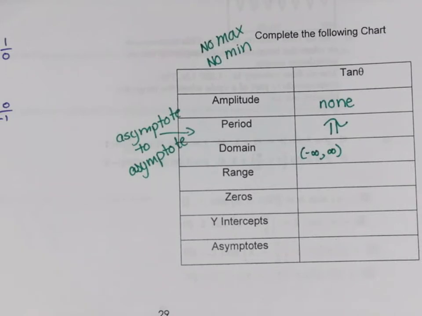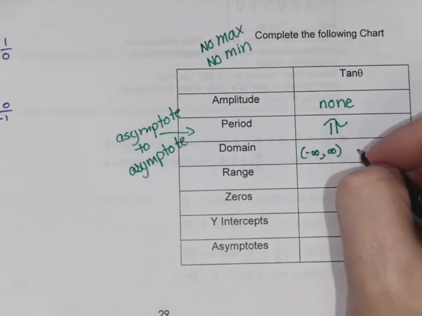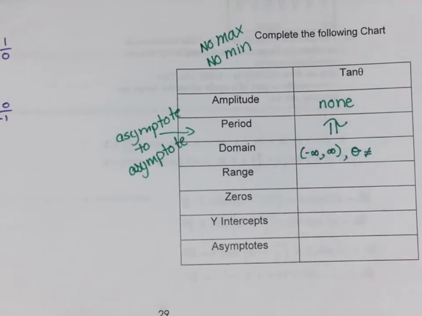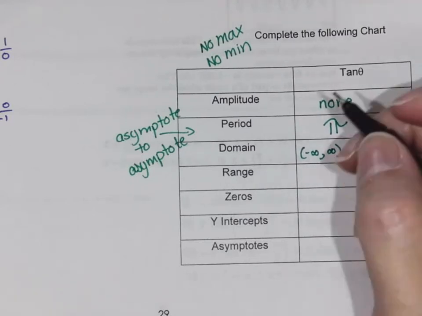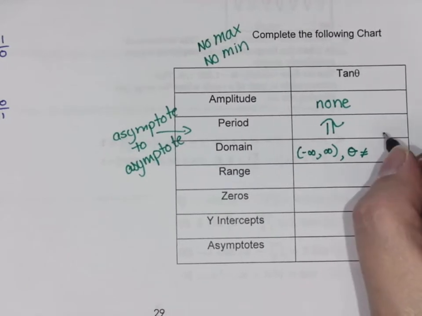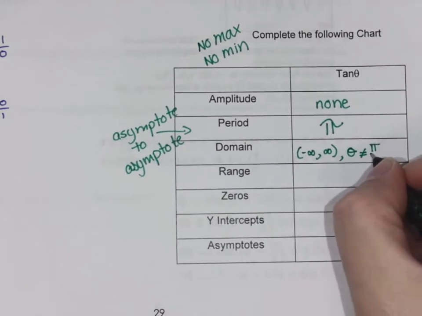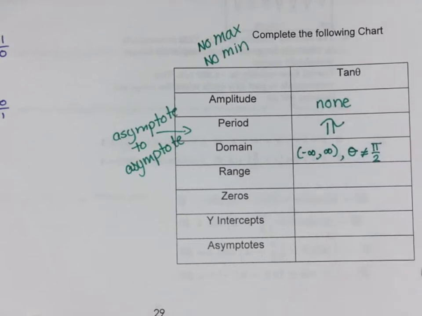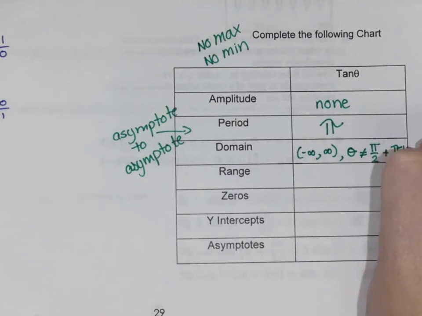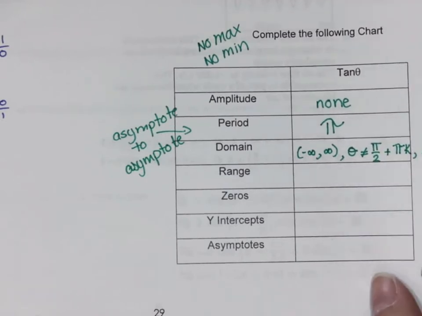So theta, almost like a restriction on the domain. Theta cannot equal, where's our first positive asymptote? Pi over 2. How often do my asymptotes occur? Every pi. So we're going to add pi k, where k is an element of the integers. And notice that I said theta cannot equal, because it doesn't happen. The domain does not occur where the asymptotes are.